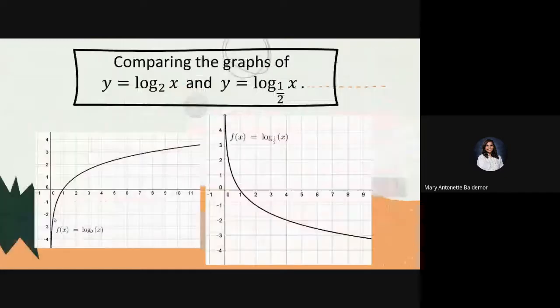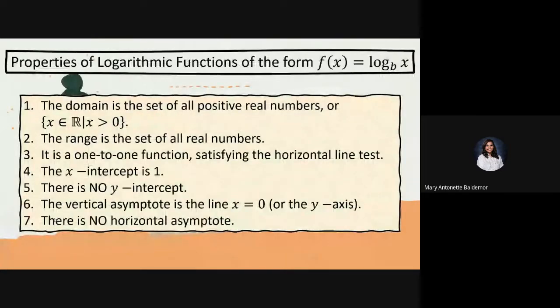Okay, so from this example, we can now explain the properties of logarithmic functions of the form f of x is equal to the logarithm of x with base b. For the first property, the domain is the set of all positive real numbers, which we can write as x is an element of the real numbers such that x is greater than 0.